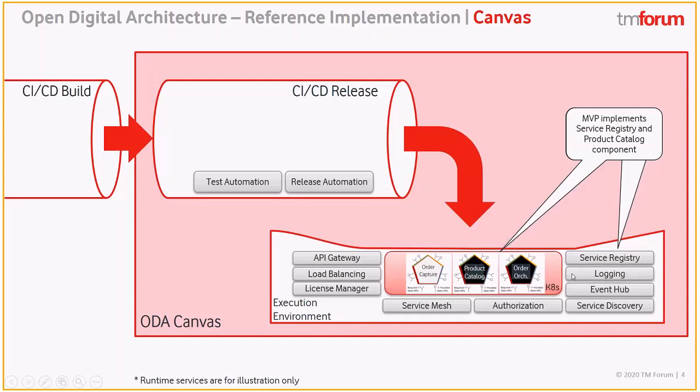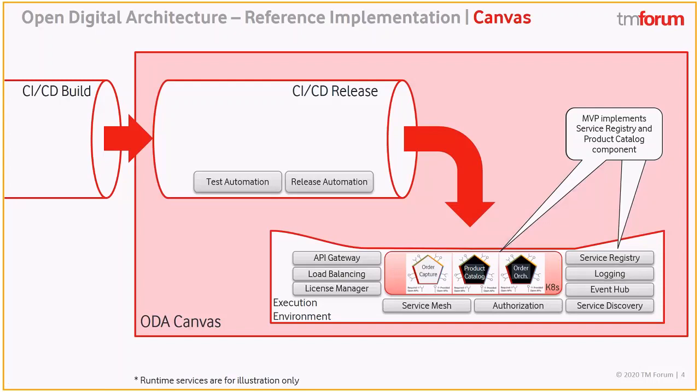The ability to log in a standard way, to have an event hub, so that all of these different events I'm going to publish and subscribe to can actually be plumbed together. Things like authorization. So when a component is expressing its security needs, I can link that into an authorization running in this canvas as a single operating environment. So that's the concept of a canvas.